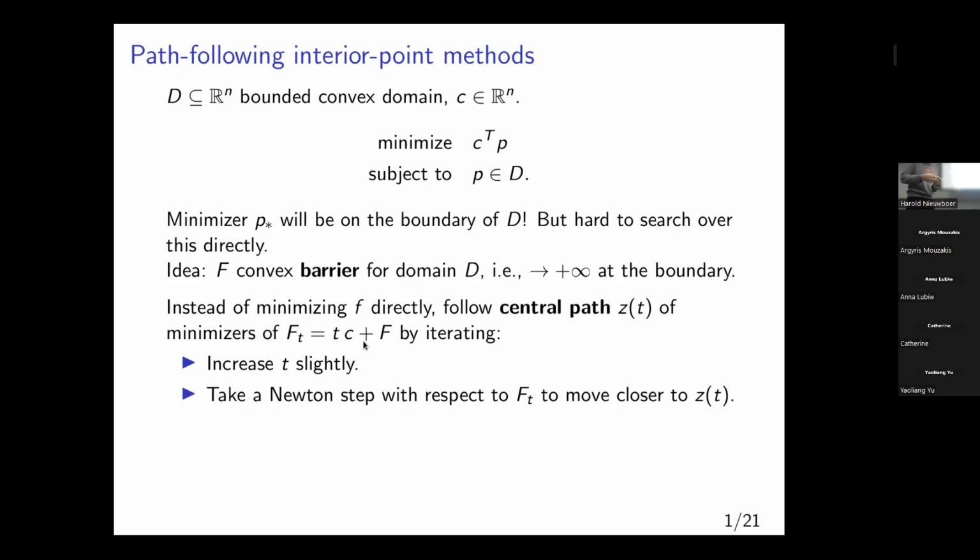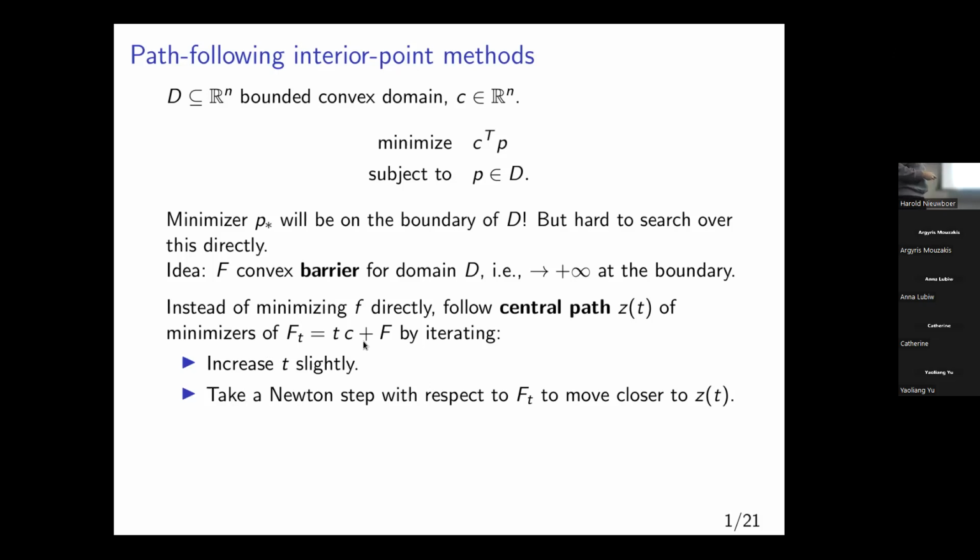The idea is that when t becomes very large, the minimizer of this will be close to the minimizer of my original objective, because as t becomes large, the relative influence of this capital F function decreases. So you can reasonably expect this path to go to this minimizer.